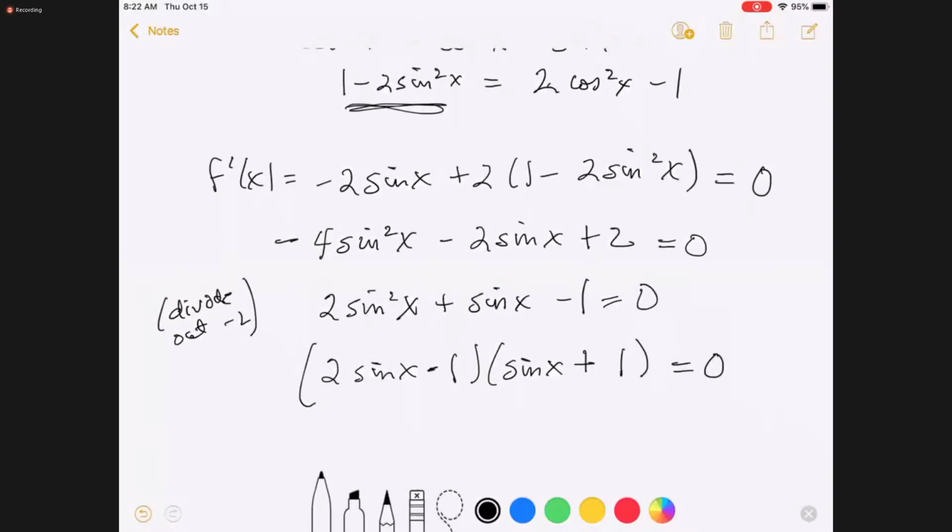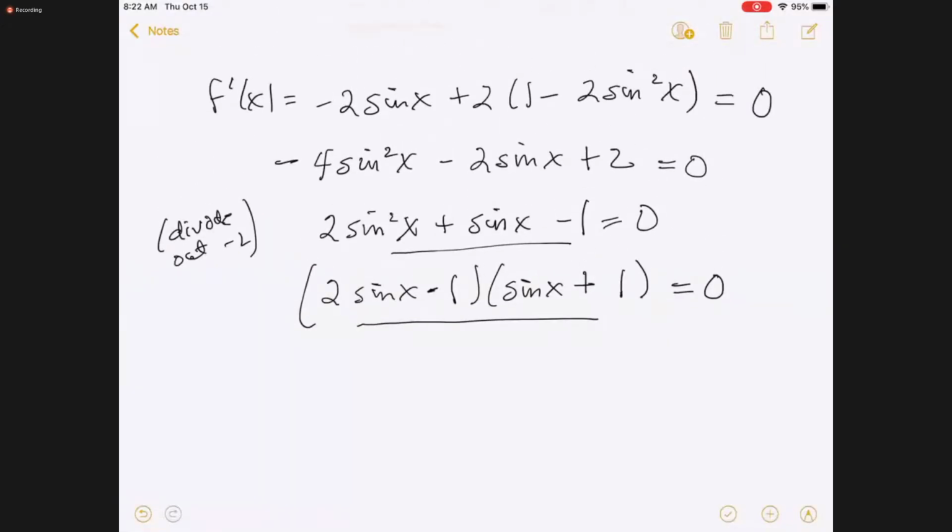So I have written this as a product because that makes it easier to find where it's equal to 0. Now this says that either 2 sine of x minus 1 is 0 or sine of x plus 1 is 0.